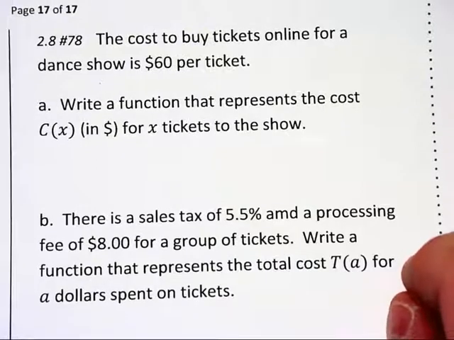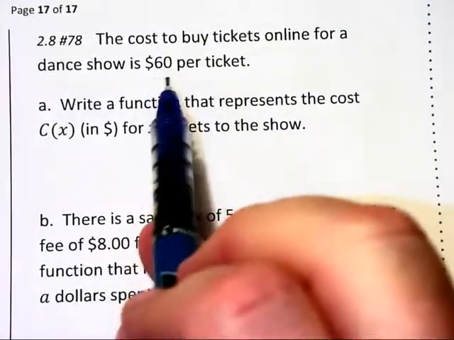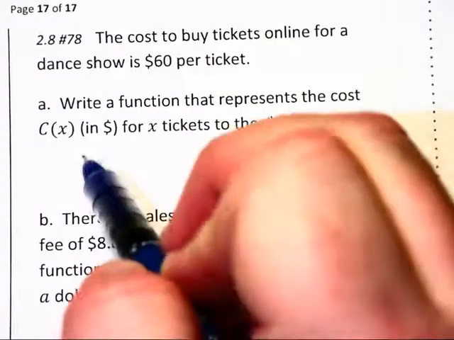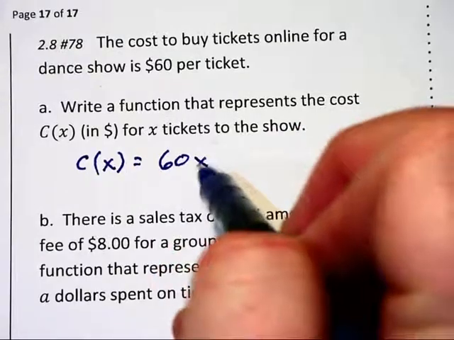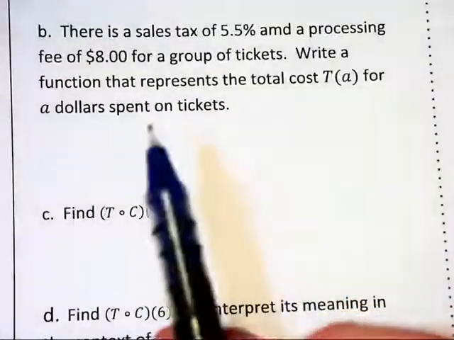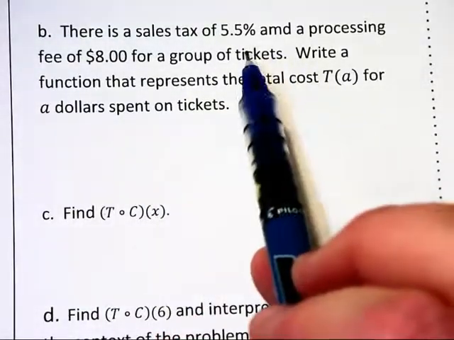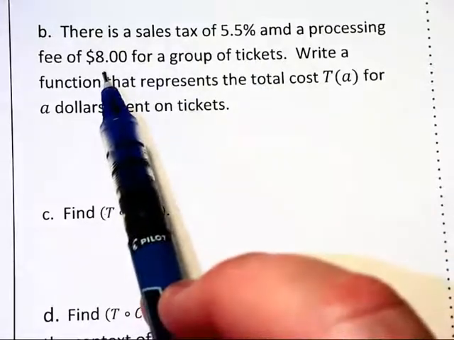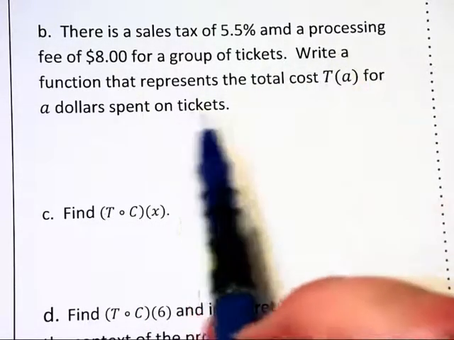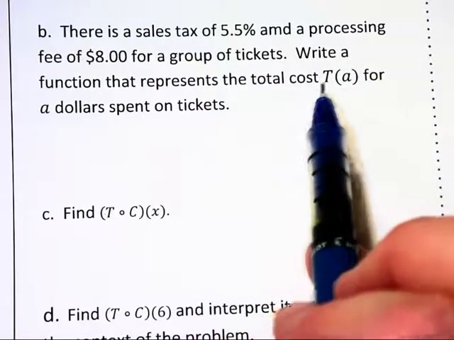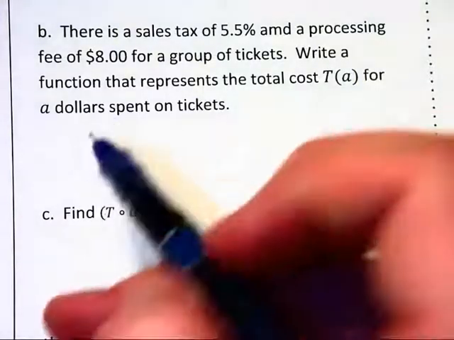Write a function that represents the cost c of x for x tickets. Well, if the tickets are $60 apiece, the cost as a function of x will be 60x. There is a sales tax of 5.5% and a processing fee of $8 for the whole group of tickets. So write a function that represents the total cost t of a for $a spent.